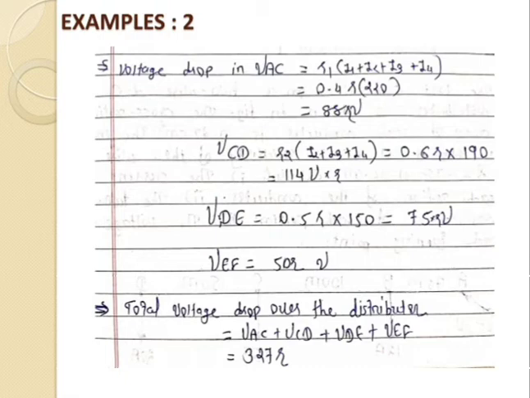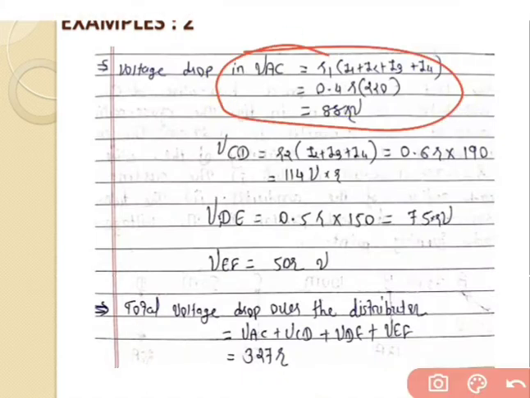So just put these values in this equation. The resistance is 0.4 into R, into the current 220. So we can get the voltage drop in the VAC section equal to 88 R volt.